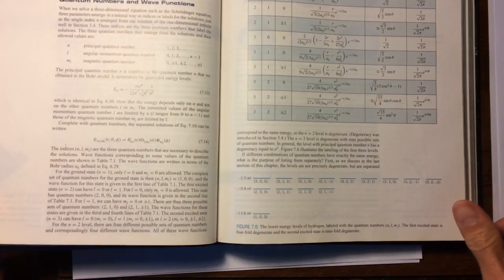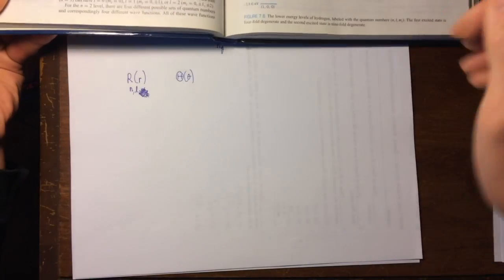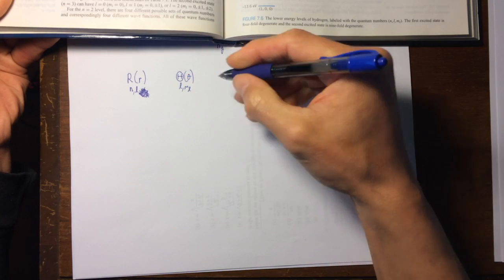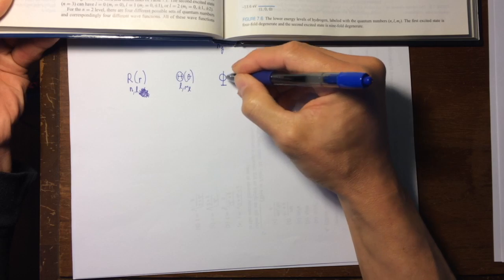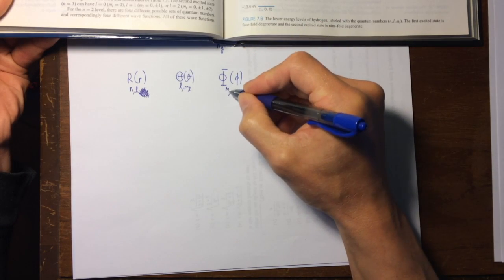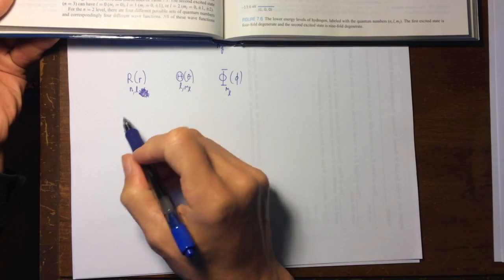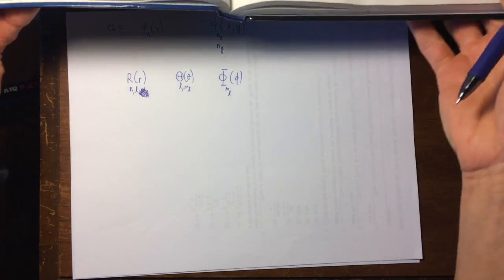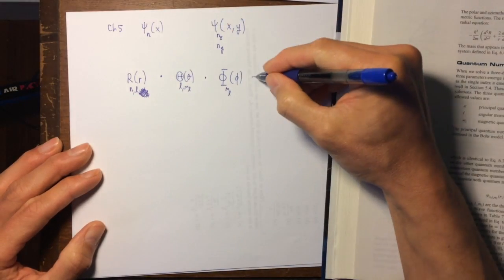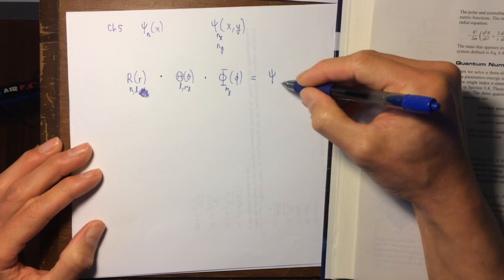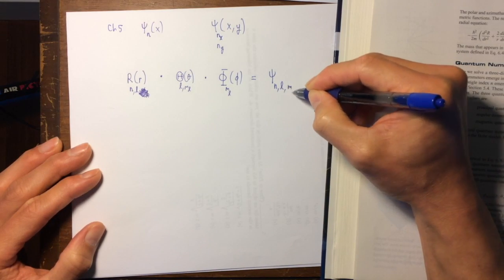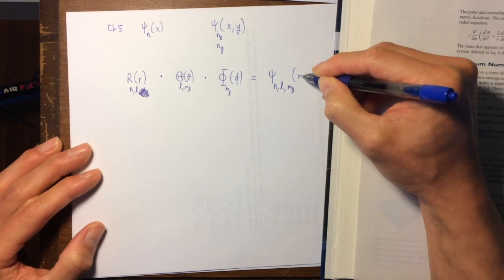It's only dependent on L and m sub L. And then there is the phi factor of the function, and it's only dependent on m sub L. So I misspoke earlier. If you multiply these things together, you get the full wave function, which is specified by 3 quantum numbers, and it's the full dependence.